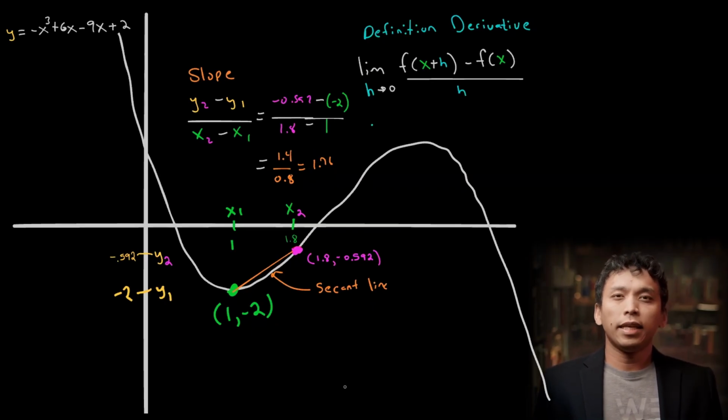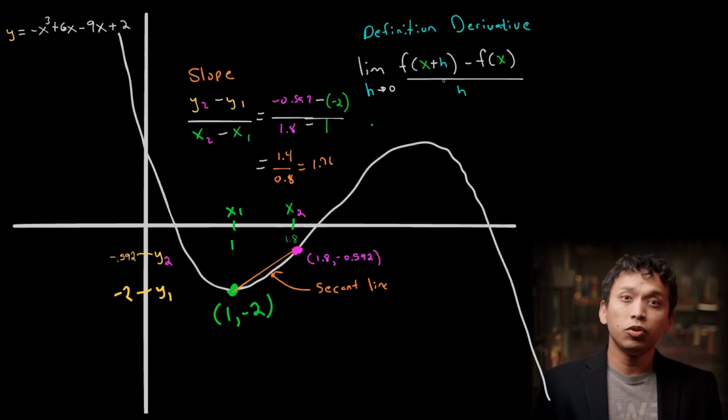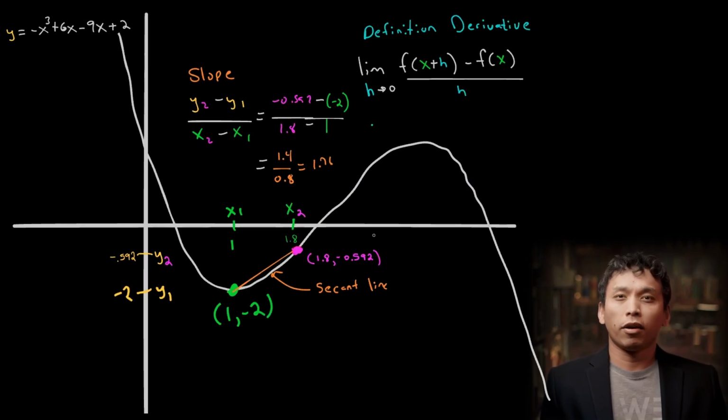So now let's translate what we found using the good old algebra slope equation into the limit definition of the derivative. The easiest place to start is the denominator. In our original slope equation, we have x2 minus x1 as the denominator.